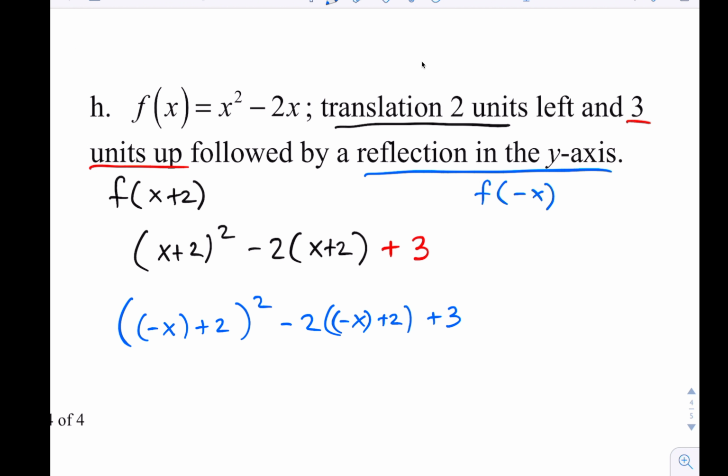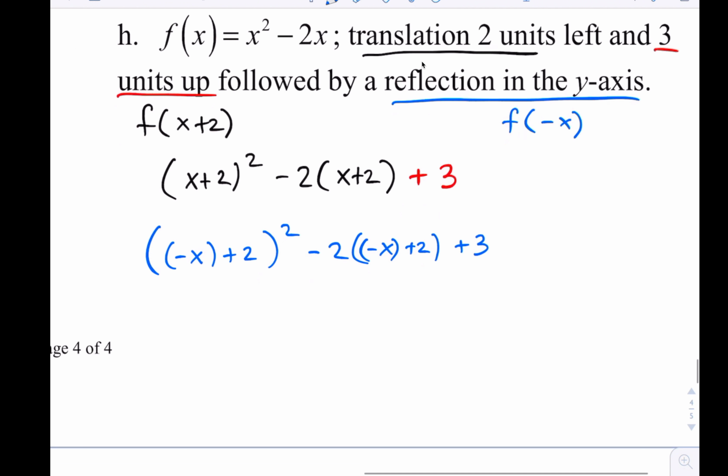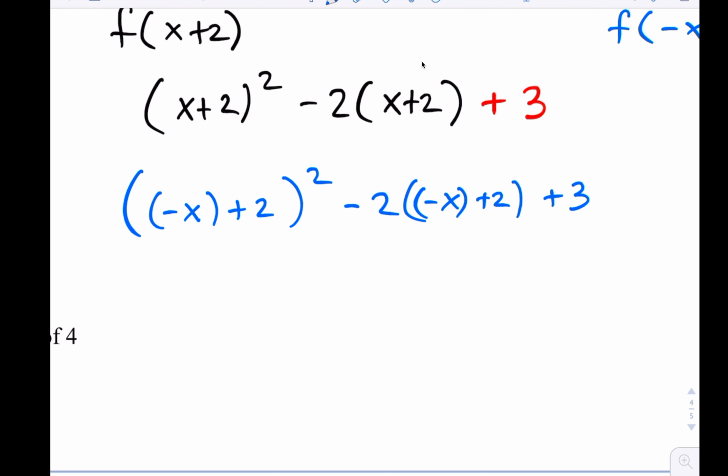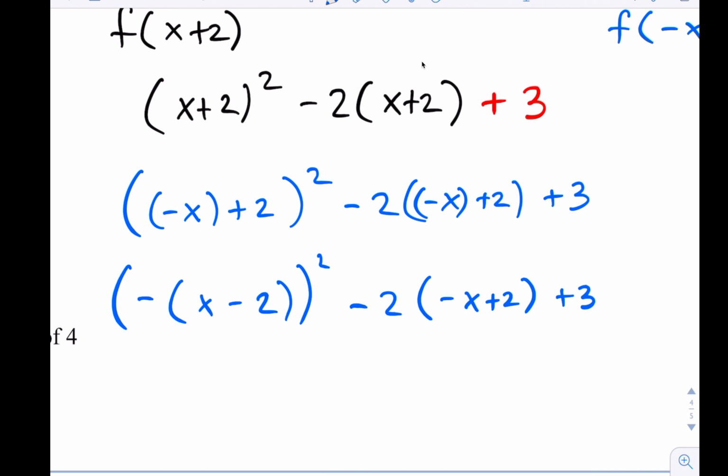Everywhere I saw an x term, I replaced it with negative x. Now I'm going to simplify this a little bit because it's a little ugly right now. If I take out the negative here, that's going to leave me with x minus 2, and I have minus 2 times negative x plus 2, plus 3.